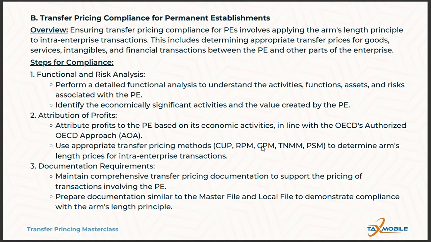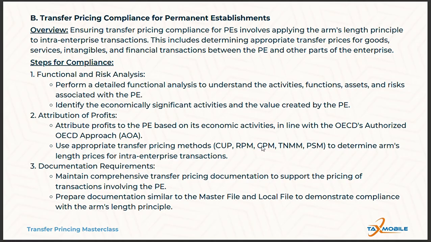For example, in a sales permanent establishment, the key activities might include marketing, customer relationship management, and concluding sales contracts. In contrast, for a manufacturing permanent establishment, the significant activities would include production, quality control, and supply chain management.